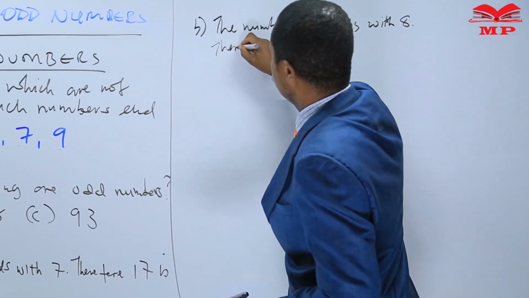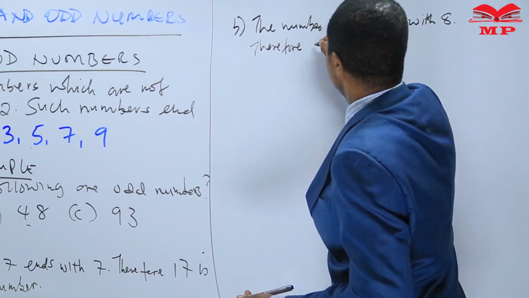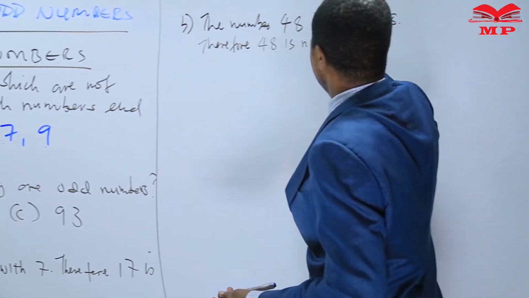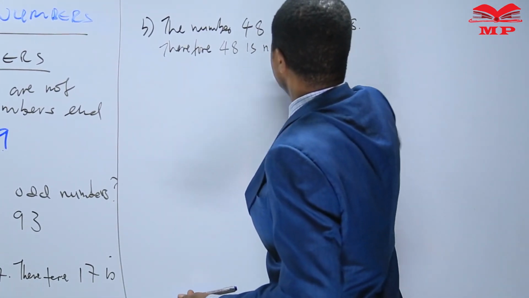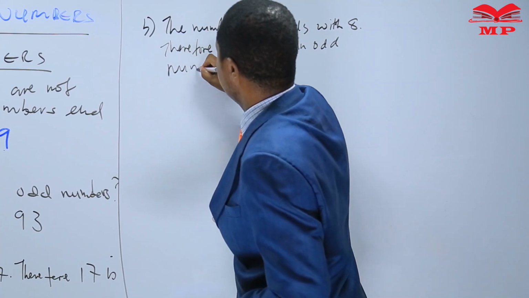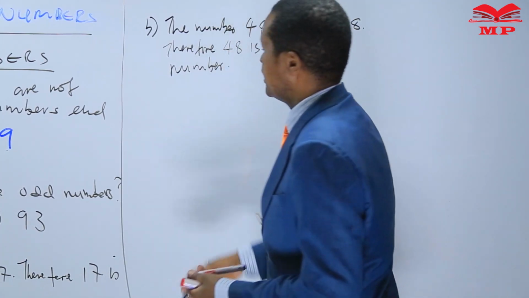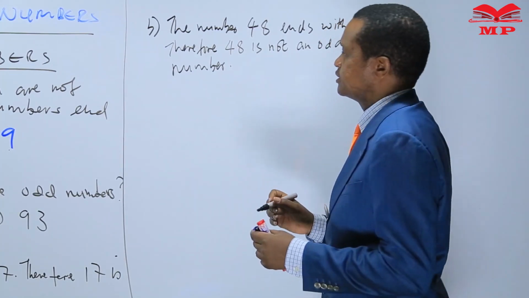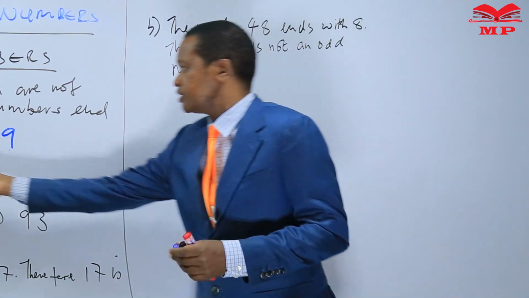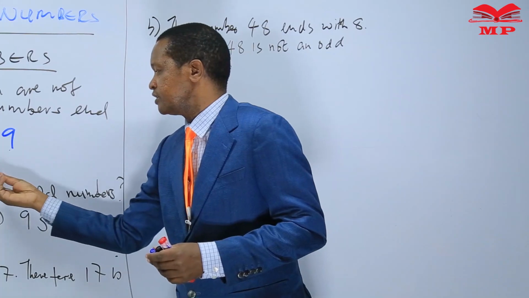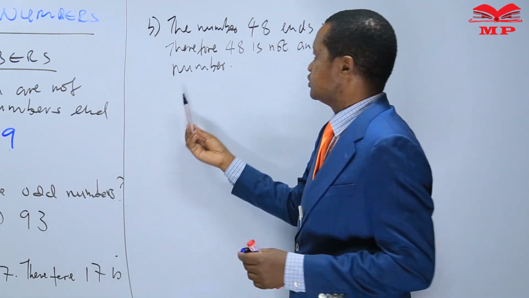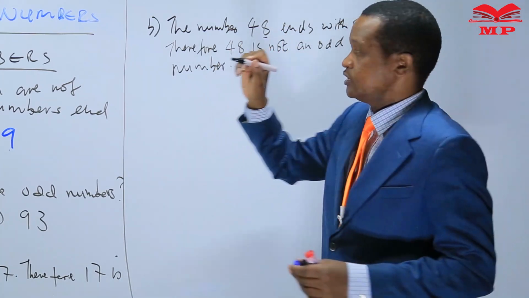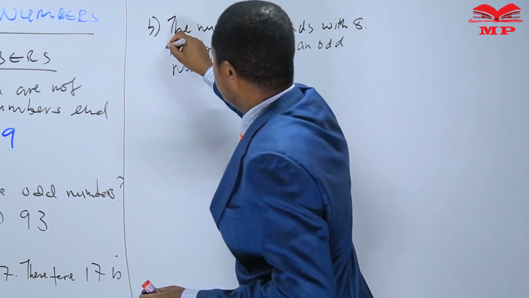Therefore, 48 is not an odd number. All odd numbers must end with 1, 3, 5, 7, or 9, and this one ends with 8. Therefore it's not an odd number.